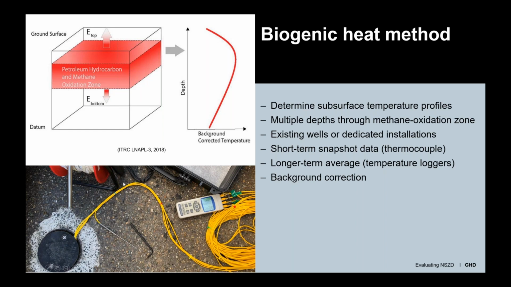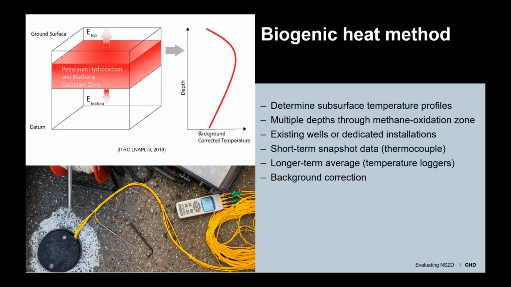It's good if we have an idea of where that's going to be, but if not, and if your site allows for it, you can just collect from the surface down to the water table to make sure you're not going to miss anything in that zone. The background-corrected temperature profiles will allow the observation of the temperature anomaly that we're looking for that's associated with the LNAPL degradation process, as indicated in the plot in the middle of the diagram.